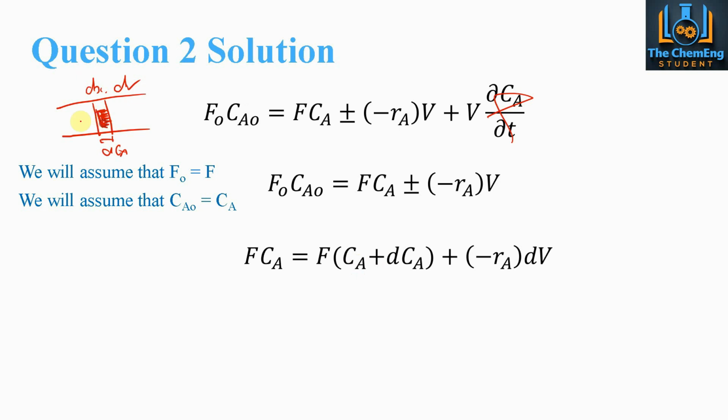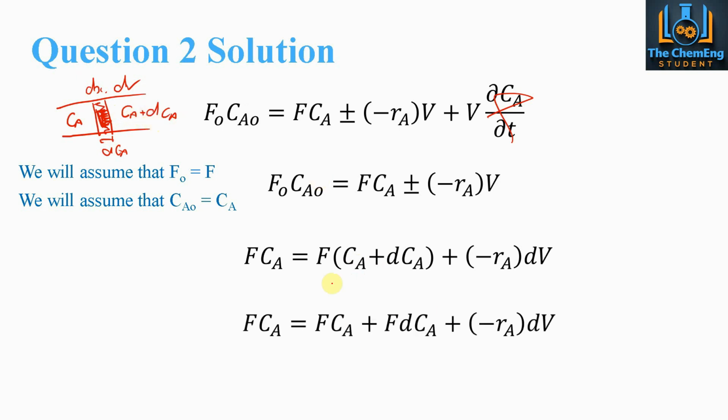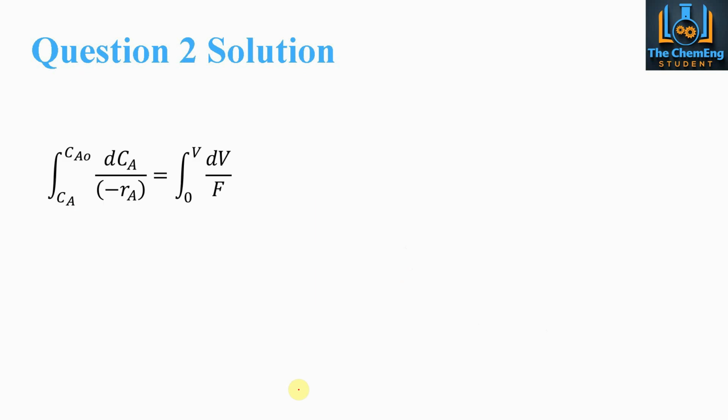So this would be Ca, this is our dCa, and the output here would be Ca plus dCa. Now what we can then do from here is multiply this out. So we can do our F times Ca and F times dCa. And what we will see here is that these two terms will cancel. So we now have the equation of minus F dCa is equal to minus Ra dV.